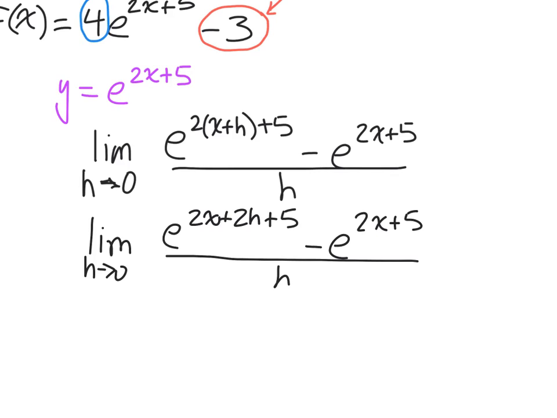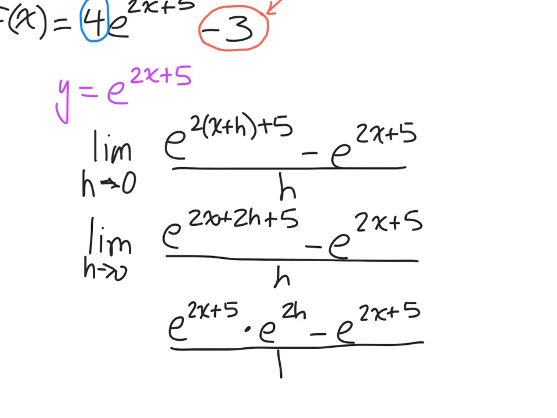I could actually make them the same exponent if I rewrite it as e to the 2x plus 5 times e to the 2h. It's basically keep the base, add the exponents, but in reverse. I just chose to break it off at that plus 2h.